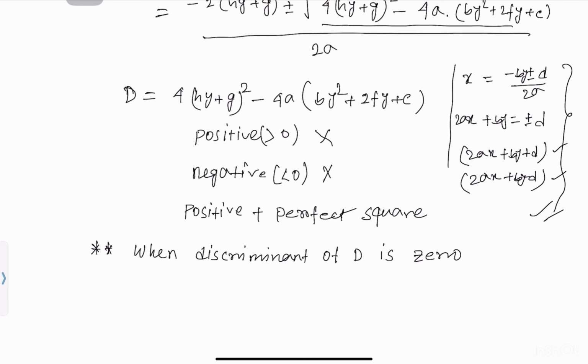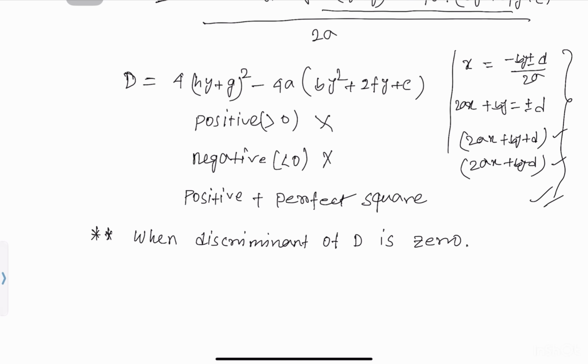That quadratic is a perfect square when the discriminant is equal to 0. That means x equals minus b plus minus the square root of b square minus 4ac, all over 2a. If this term is 0, then x has only one root, x equal to minus b, that means x minus b whole square. I think it is clear now. So that's why the discriminant must be 0. This is the condition.